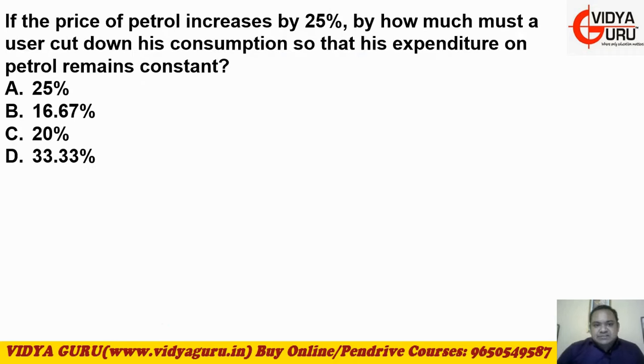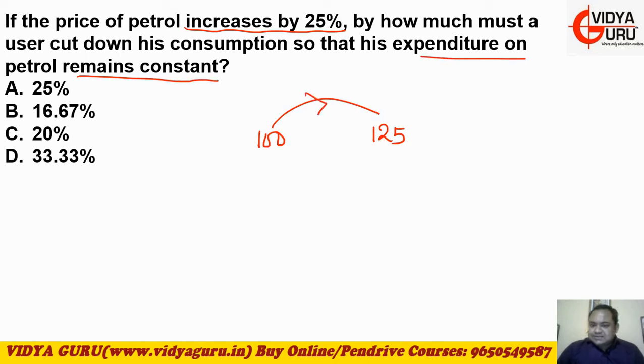If the price of petrol increases by 25%, so start from 100. 100 became 125, increases by 25%. By how much must a user cut down his consumption so that his expenditure remains constant? So remains constant, this is the keyword.